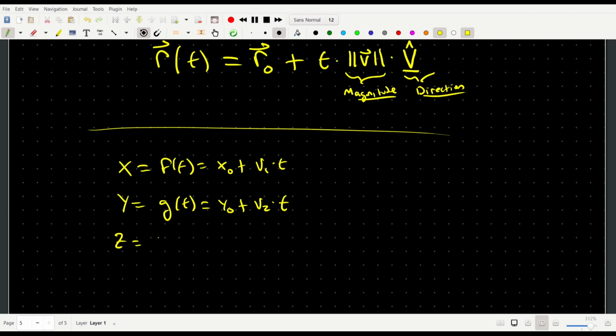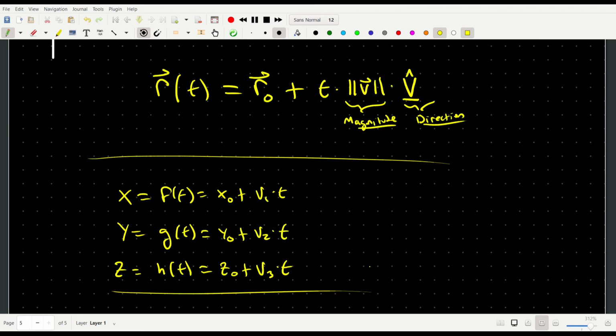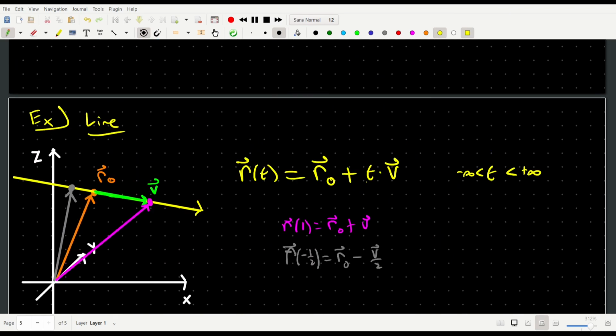And z is equal to h of t, which is equal to z naught plus v3 times t. So really this is very, very nice and matches up extremely well with what we've done before for parametric curves in 2D, but this is now a line in three-dimensional space.